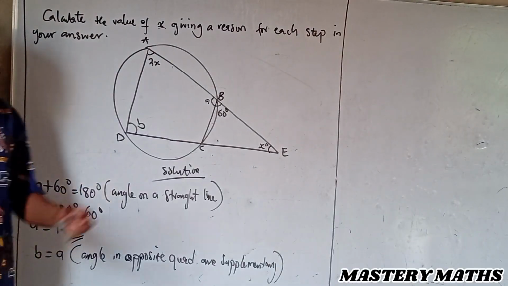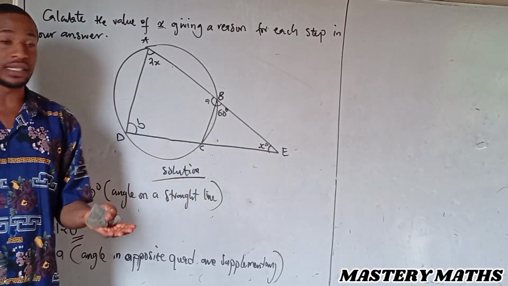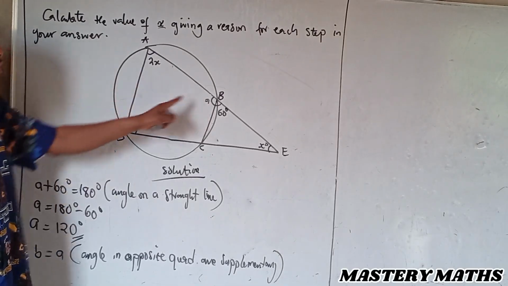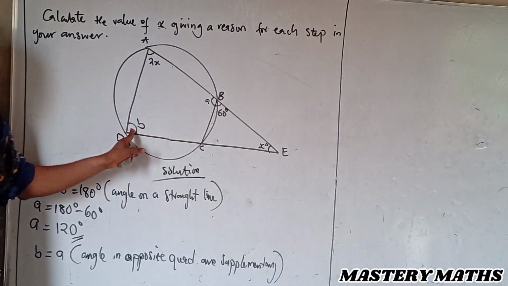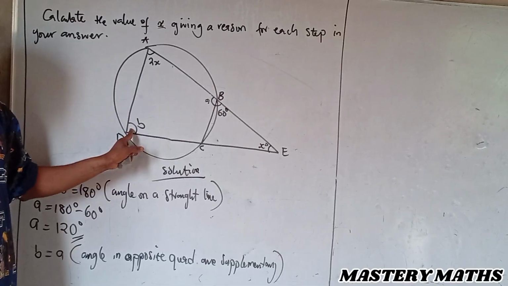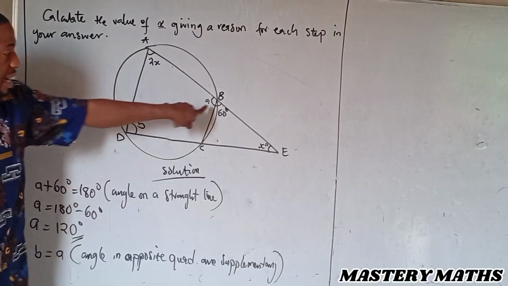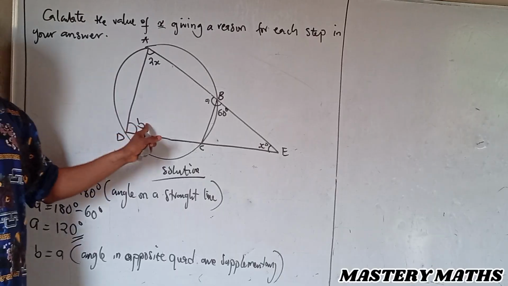That's the reason the sum of angles in opposite quadrilateral are supplementary. Already we have here as our A, which is 120. What should be here to complete it to 180? It should be 60 degrees, since opposite angles are supplementary and give us 180 degrees.